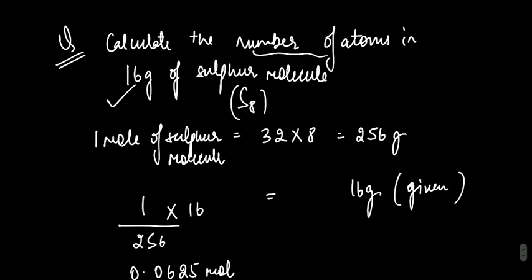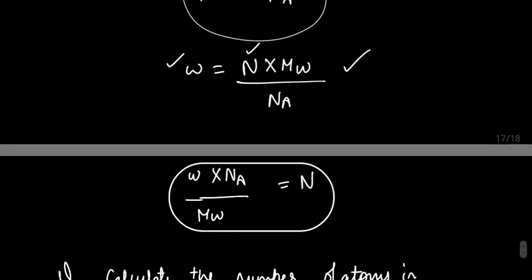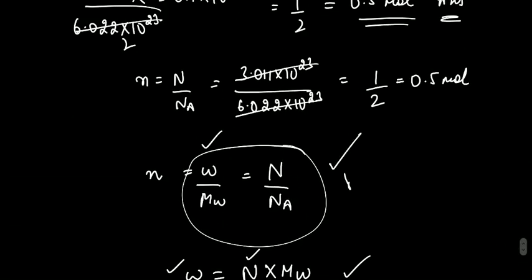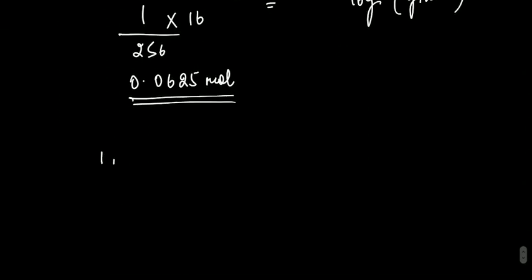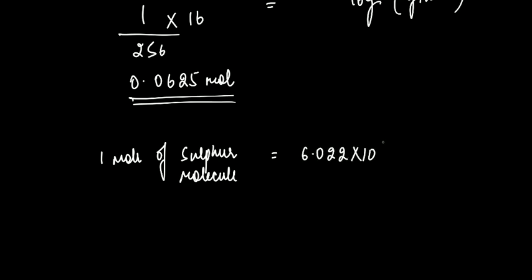Now they're asking the number of atoms. We just calculated mole because the number of moles is a connecting link between the mass and the number of atoms. Please remember, connecting link. So we calculated moles. Now we are going to do what? 1 mole of sulfur molecule is equal to how many atoms? 6.022 into 10 to the power 23 into how many atoms?